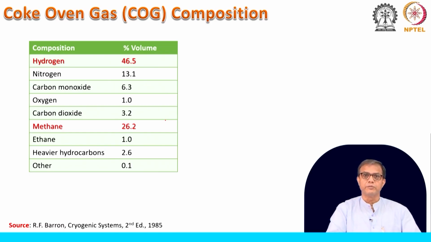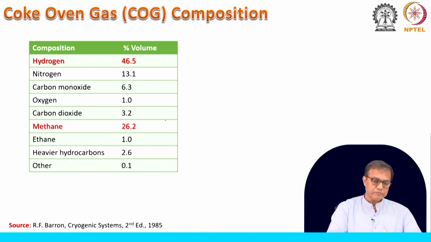The main component is hydrogen. Then you have methane, and the other parts are nitrogen and other components. Carbon monoxide is also there, and some amount of ethane, ethylene, etc.